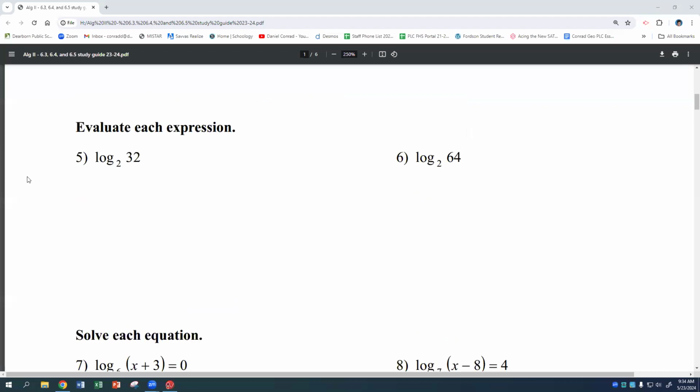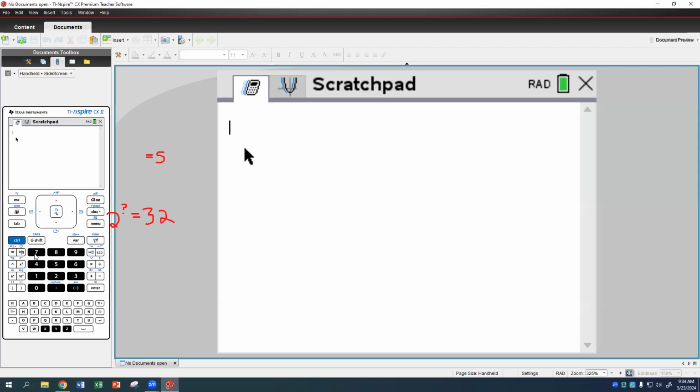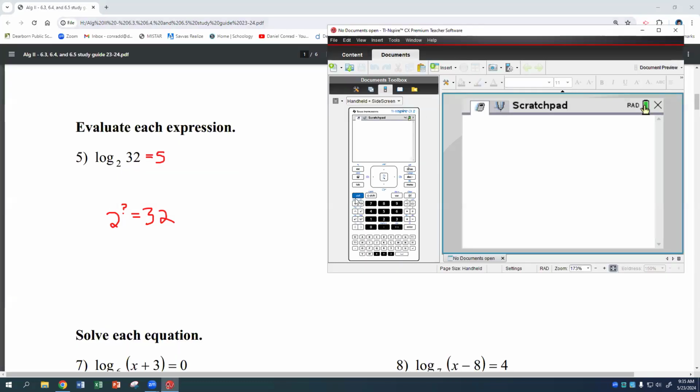All right, these ones we're evaluating. So we can think of it as 2 to what power gives us 32. And that one should be 5. If you can't come up with it, though, we can use the calculator, right? So we can type in log base 2 of 32, and we get 5.